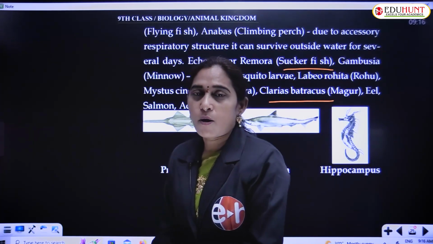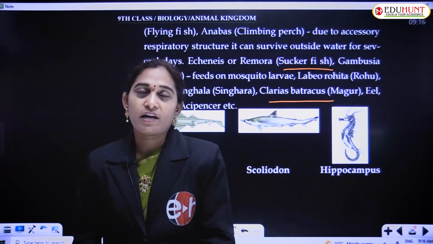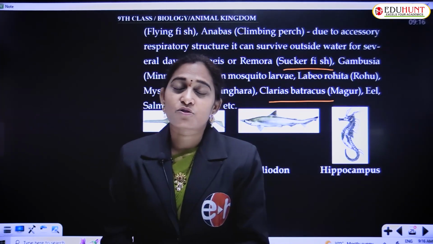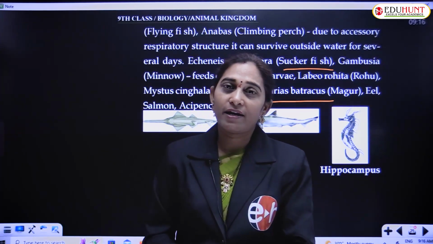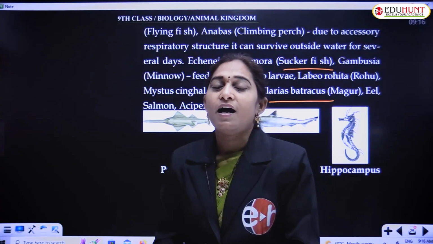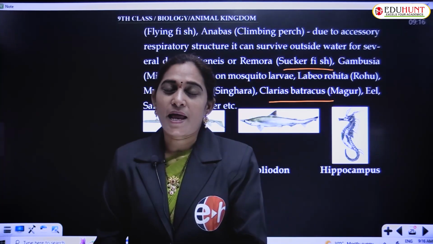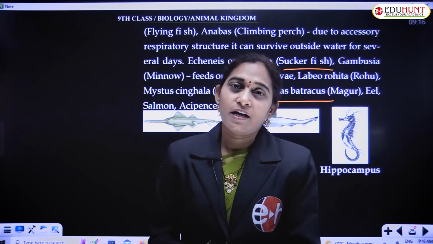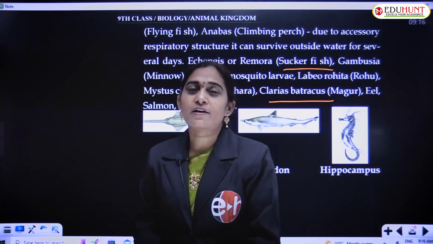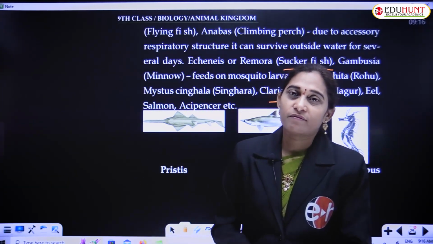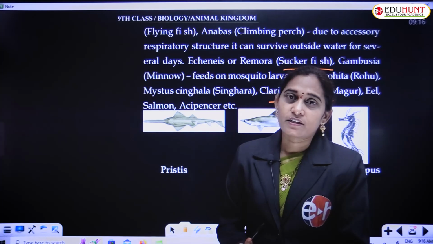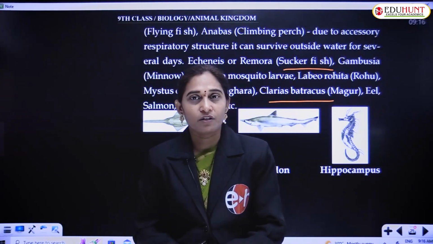This is the class about classification of the group Pisces, and the superclass Pisces is again divided into Placodermi, Chondrichthyes and Osteichthyes. Placodermi included extinct fish. In Chondrichthyes, elasmobranch fish, commonly called cartilaginous fish, were included.